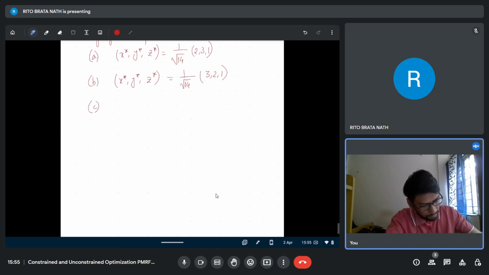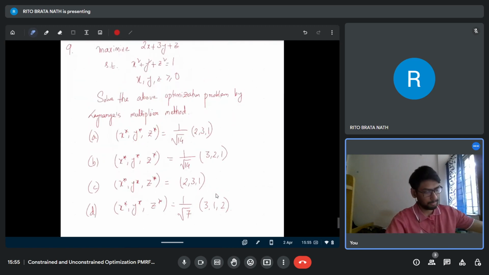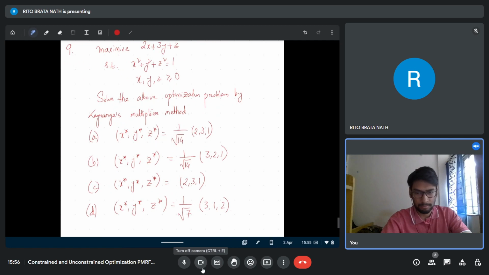Option C is x star, y star, z star equals 2 comma 3 comma 1. Option D is x star, y star, z star equals 1 by root 7 times 3 comma 1 comma 2. So I'll solve this in a minute. I'll just take a break and solve.